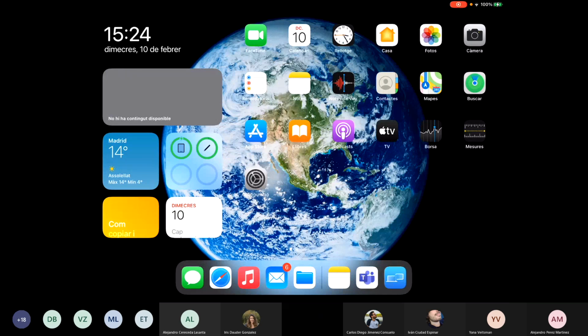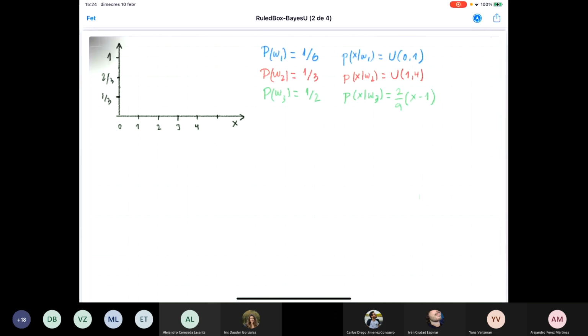Okay, this is an exercise you have to do on a piece of paper. So something like this. Okay? Let me just introduce the exercise and then you work on your own. So we have a space of 1 dimension, and we are told that we have 3 classes and that our classes have prior probabilities of 1/6, 1/3, 1/2.